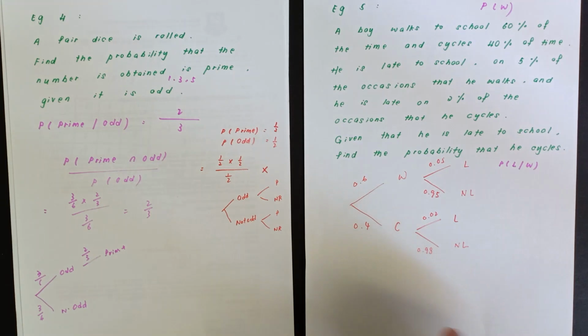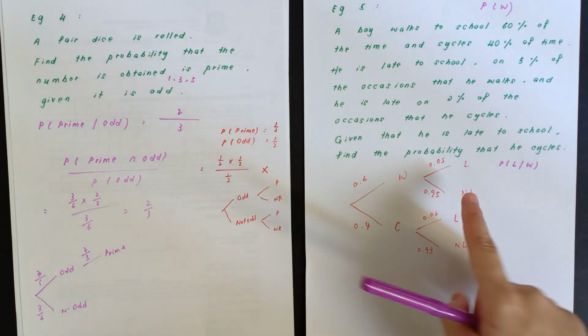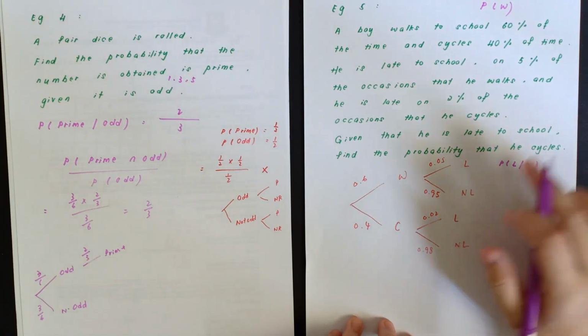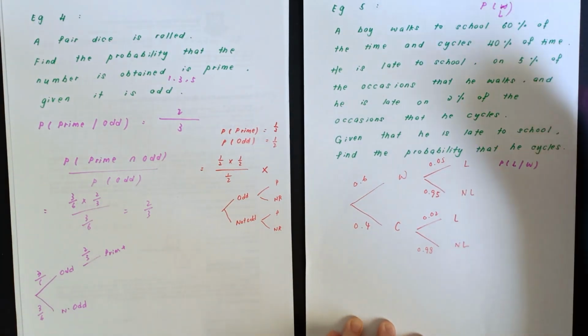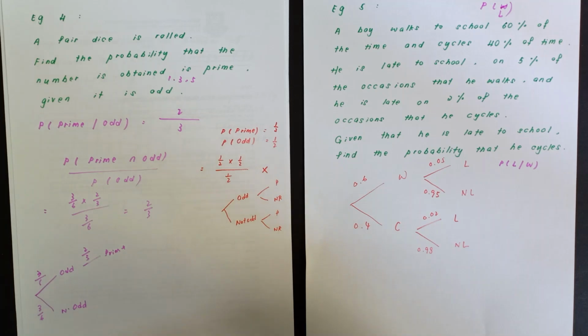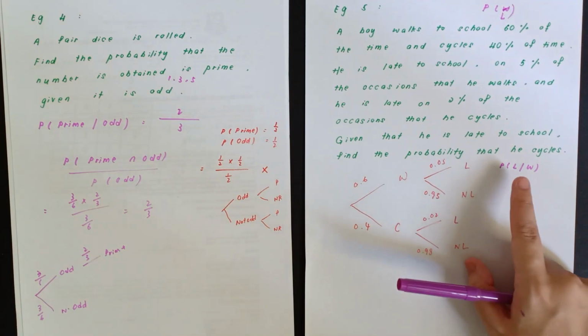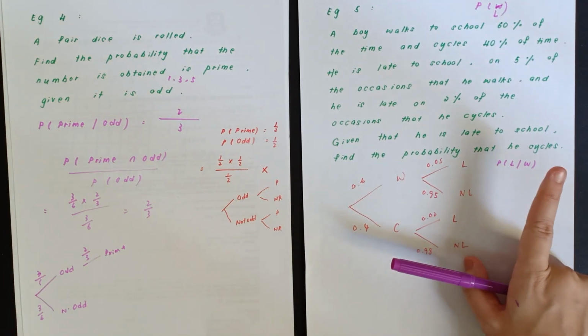Because the probability for he walks depends on whether it... the 0.05 here doesn't mean the probability that he is late. This probability is the probability that he is late given that he walked.